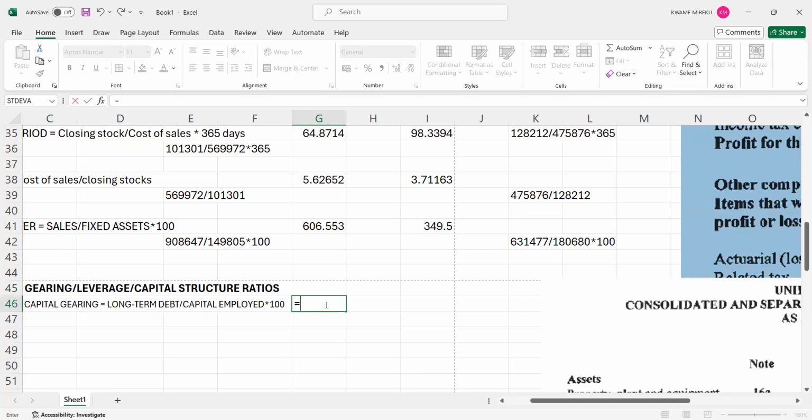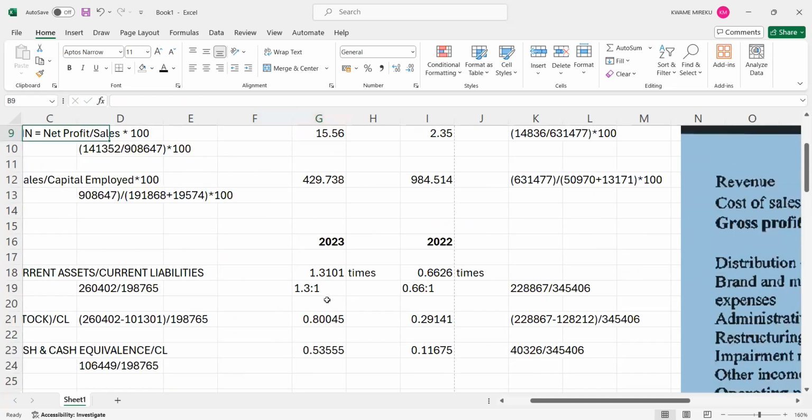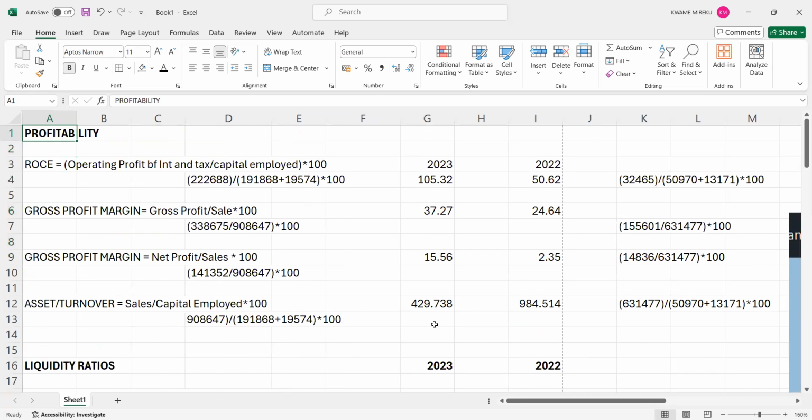What's the long-term liability of the company for 2023? 19,574. I'll go up there and put the capital employed. It was worked out earlier under the return on capital employed. When you sum it up for 2023, it is 211.